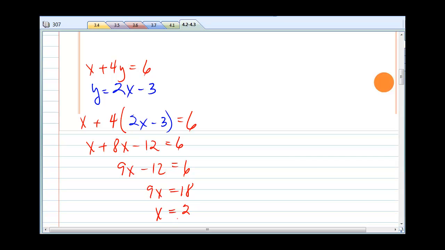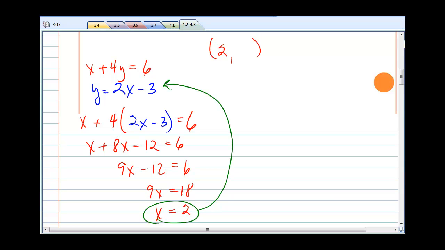Once I solve for x, I have to remember that a solution to a system of equations is actually an ordered pair. So I have an x value of 2, but I need to find my y value. So I'm going to take this 2 that's x, and I'm going to substitute that into one of my other equations.